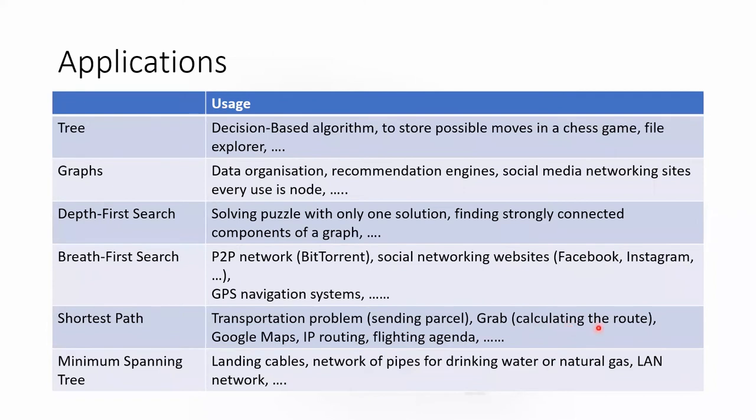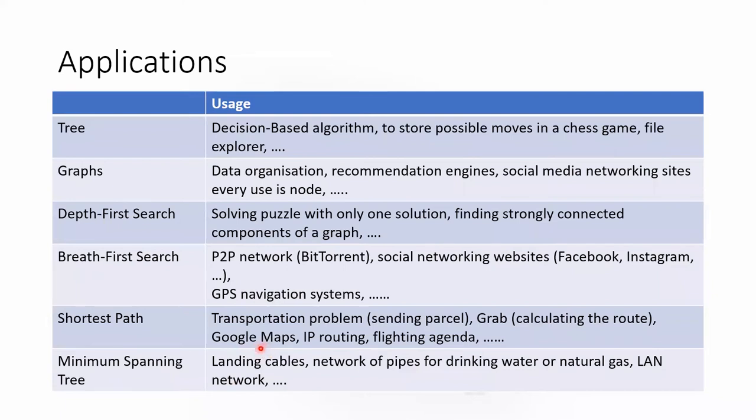The next one, Grab, calculating the routes. Because every route, this distance to distance is shortest, then that decides how much you would charge. Another one is Google Maps. As mentioned just now, in subway travels, you can open Google Maps, key in from the source to the destination.